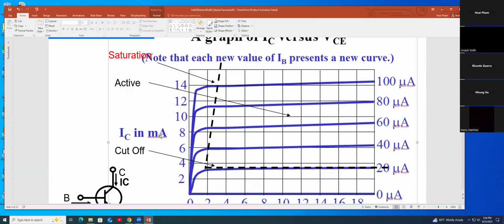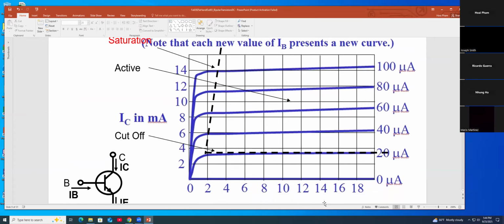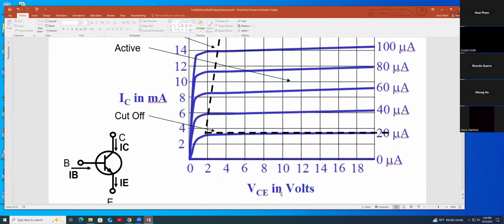IC in milliamp. And the other side here is VCE in volt.